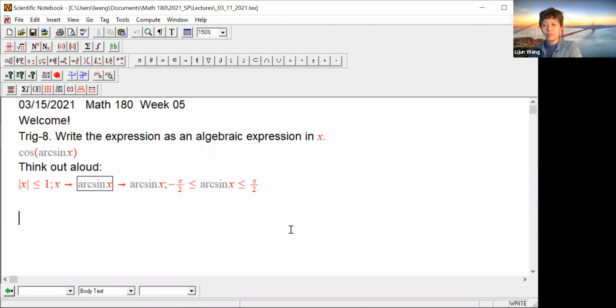So x is the input. I'm going to put these specifics underneath in the next line. And then this number as an angle is going to be given to cosine.